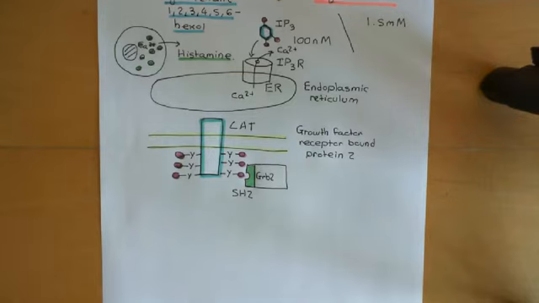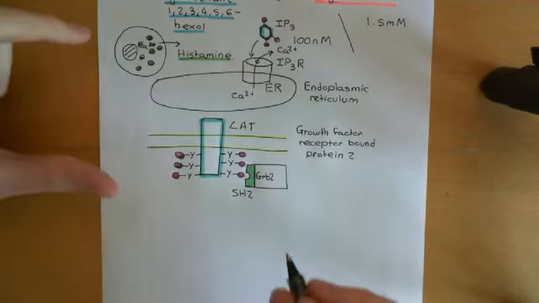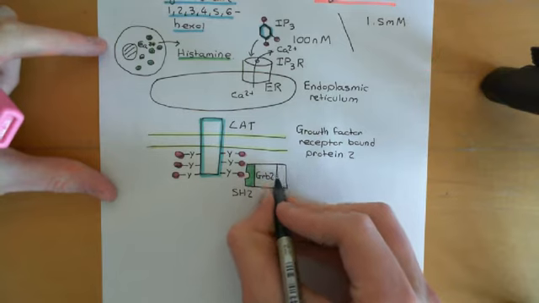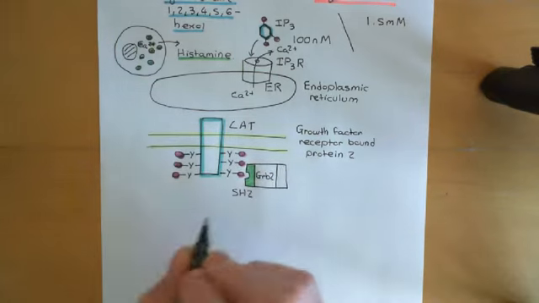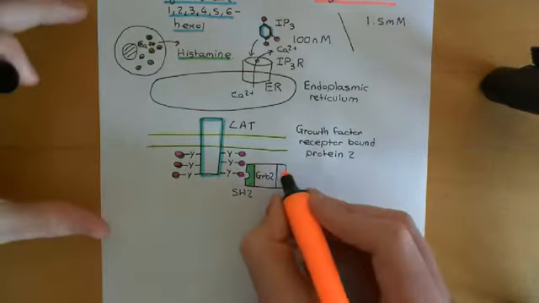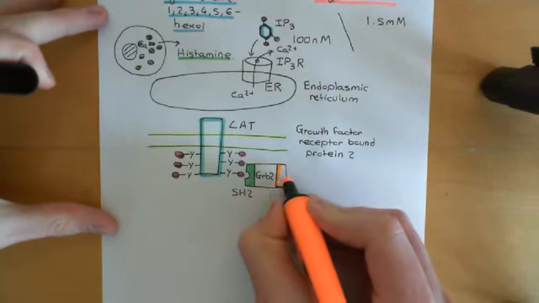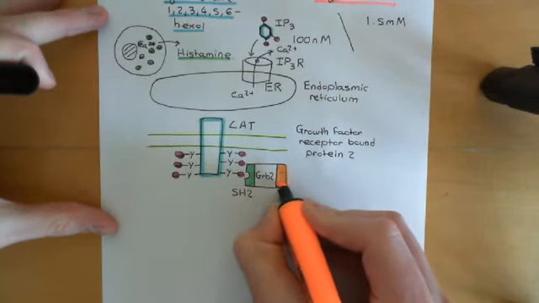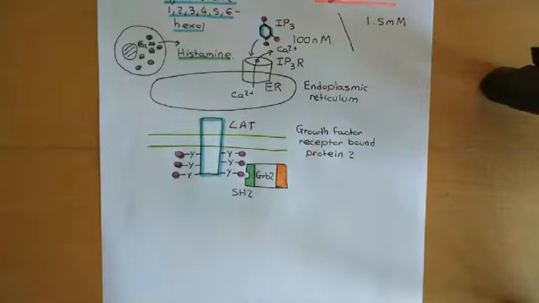Now, growth factor receptor bound protein 2 has this SH2 domain which is capable of binding to these phosphotyrosine residues, but it also has another important domain, which I'm going to have here. This other important domain is what's known as a Src homology 3 domain, which I'm now colouring in orange here.